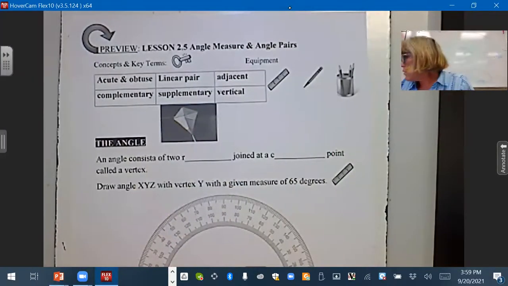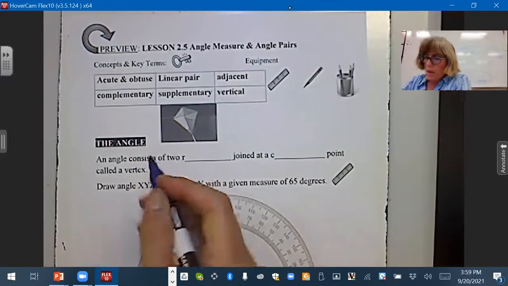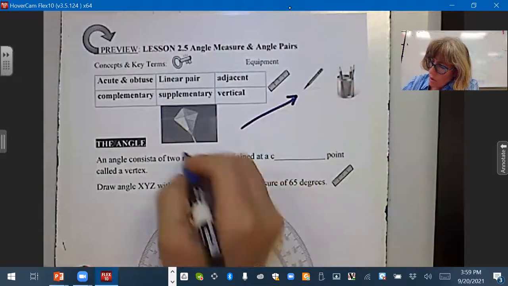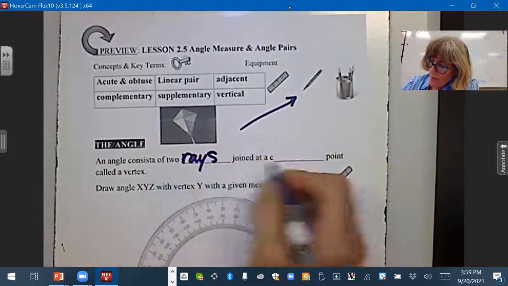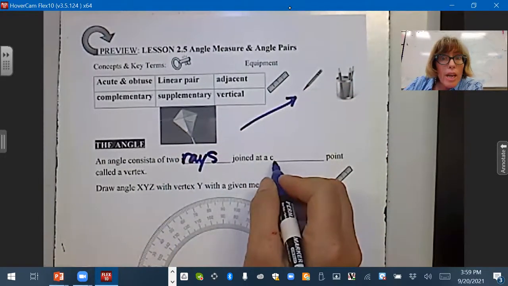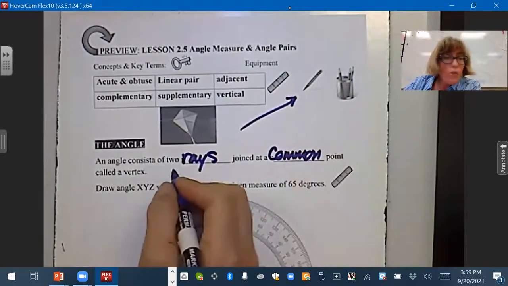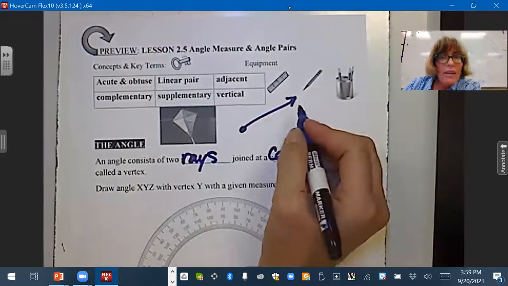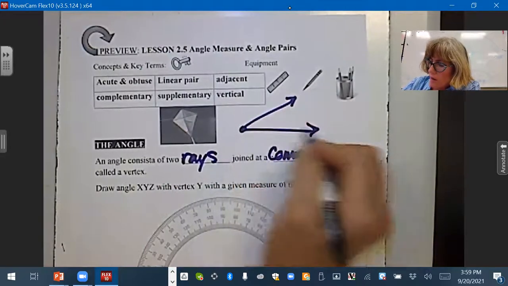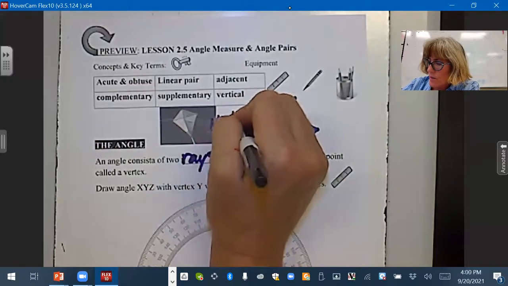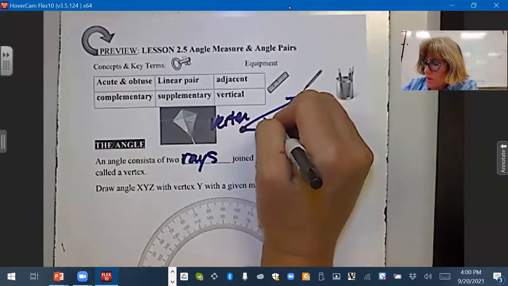An angle is simply two rays joined at a common point called a vertex. So if I have one ray and then another ray and they have a common endpoint, that is called a vertex, and this is an angle.